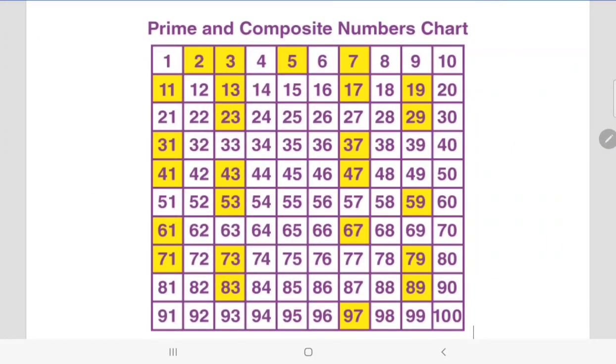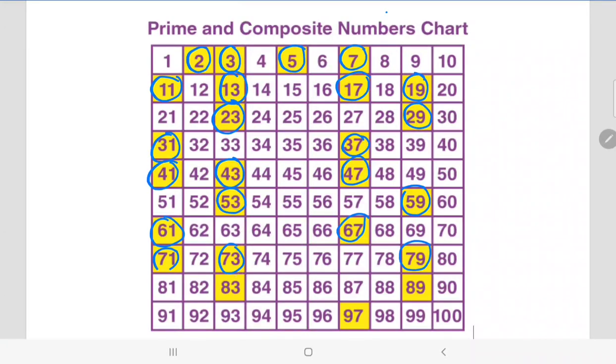If you look here, the numbers highlighted in yellow color are the prime numbers. 2, 3, 5, 7, 11, 13, 17, 19, 23, 29, 31, 37, 41, 43, 47, 53, 59, 61, 67, 71, 73, 79, 83, 89 and 97 are the prime numbers from 1 to 100.